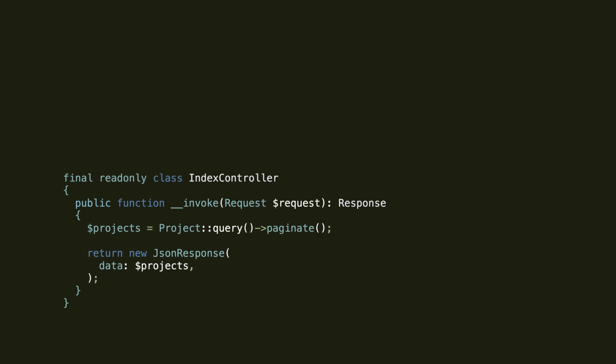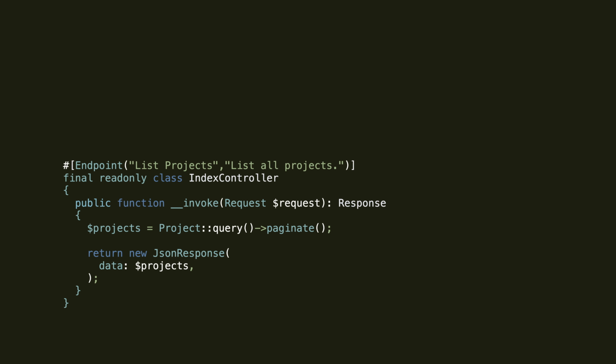Now, let's walk through how we can add annotations to our code so that Scribe knows more about how to generate our specification. What we have here is a relatively standard index controller. We're getting all projects and we're returning that within a JSON response.